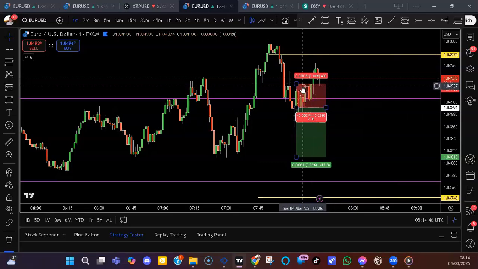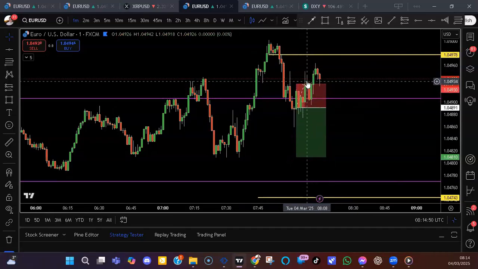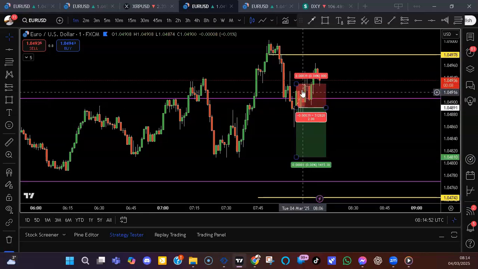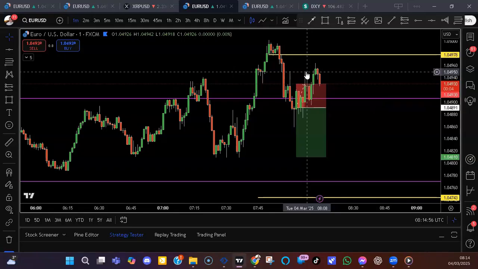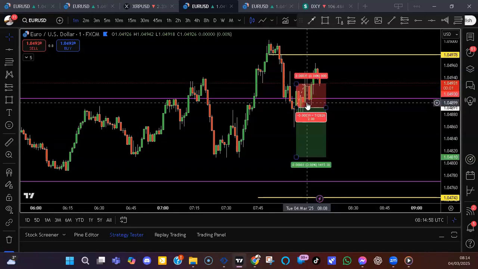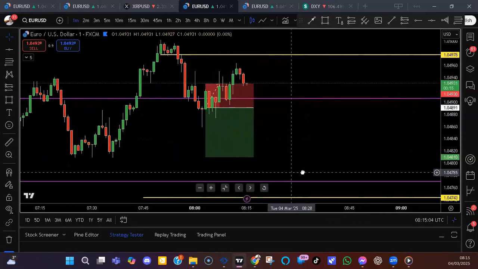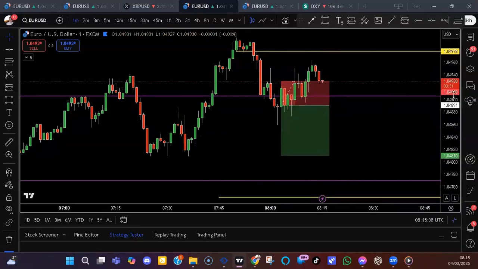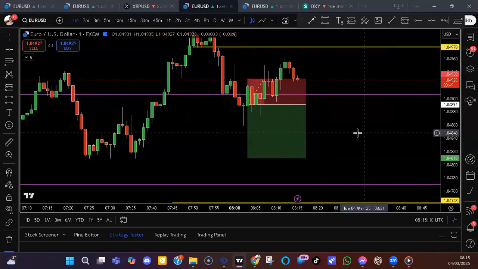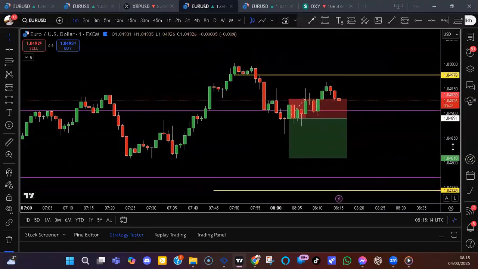And now we've seen the volatility in the EUR USD, these are a lot bigger than we're used to seeing on the EUR USD. So we realize that this is a volatile time for the EUR USD.